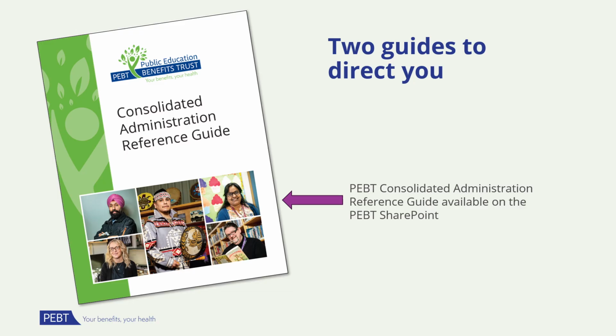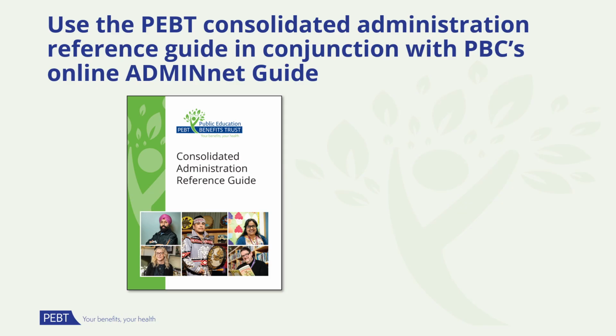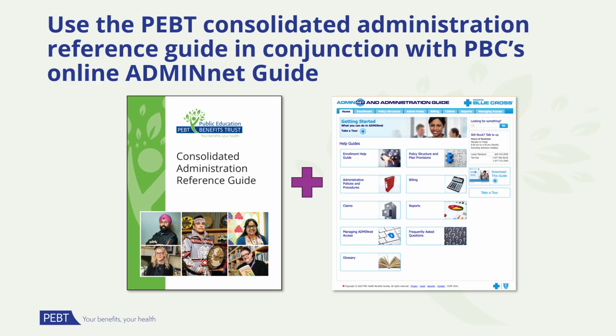If after watching the video and reviewing the reference guide you still have questions, contact PBC for an AdminNet training session. Use the PEBT Consolidated Administration Reference Guide in conjunction with PBC's online AdminNet Guide. This guide ensures you have the specifics relevant to the unionized support staff benefits, which differ from other benefits you may administer.